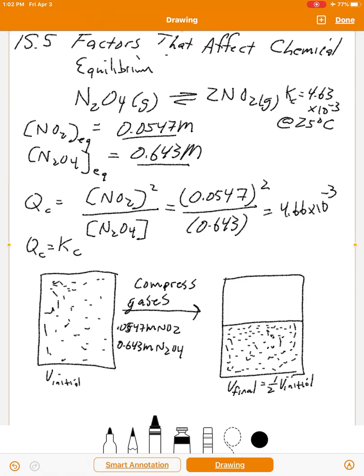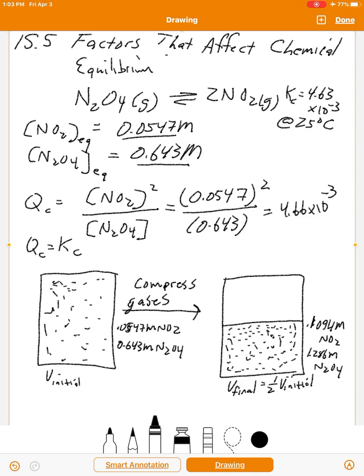If you double the concentrations, you now have 0.1094 and 1.286 for N2O4. All I did was multiply the concentrations on the left by 2. We've doubled both of their concentrations.